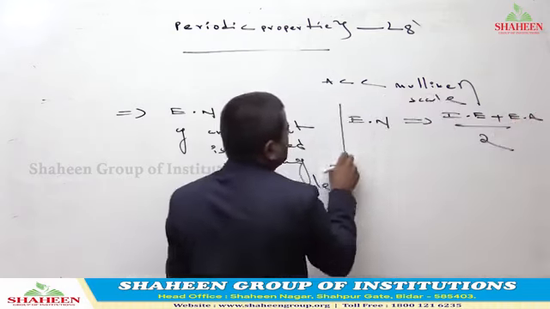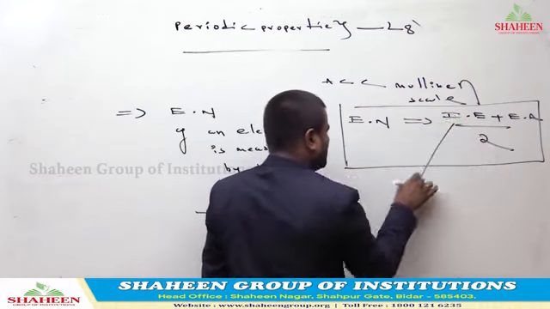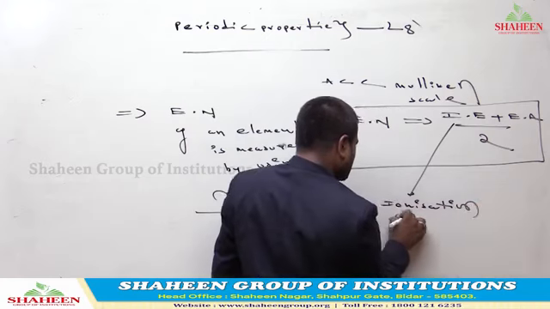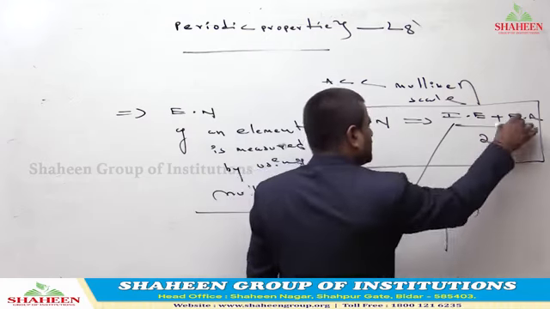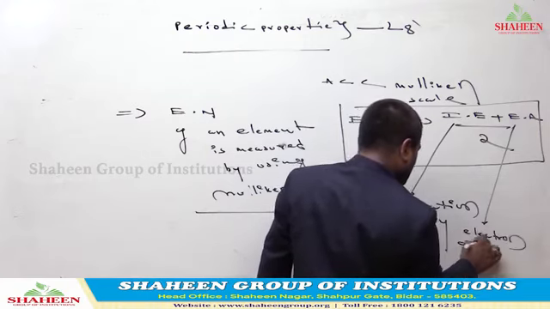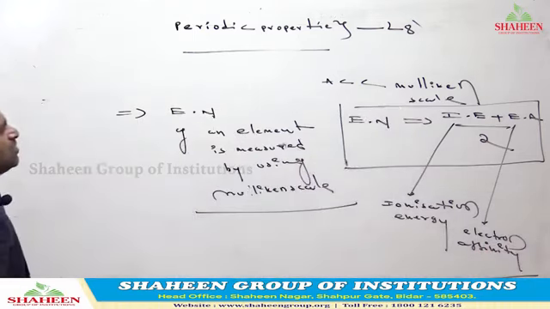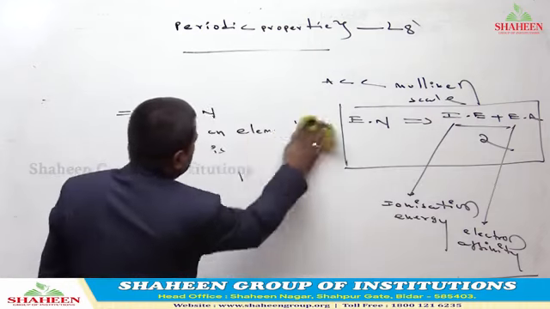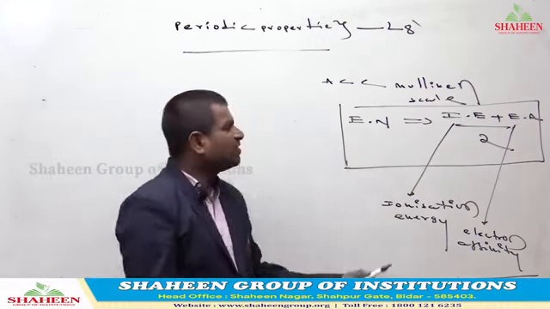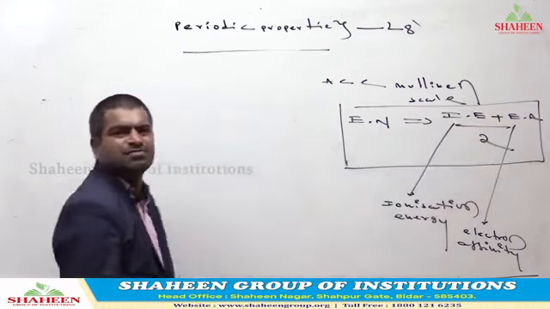Here I is ionization energy, and E is electron affinity of an atom. So this is the general formula according to the Mulliken scale. By using this formula, we can calculate the electronegativity of an element, that is the average of ionization energy and electron affinity.